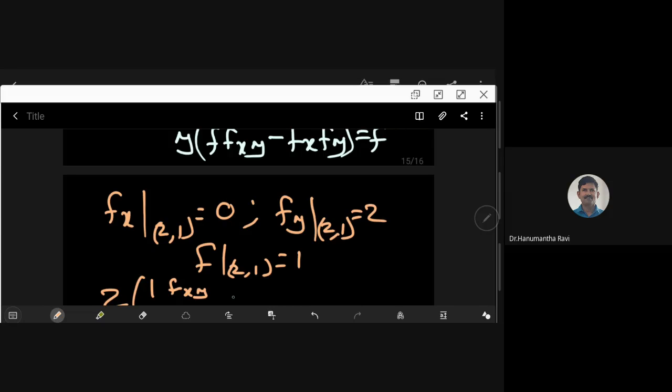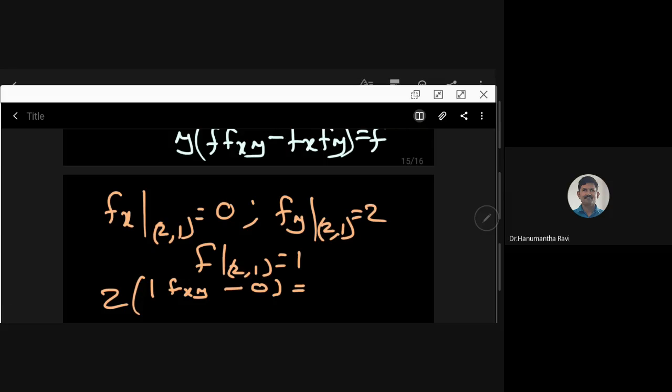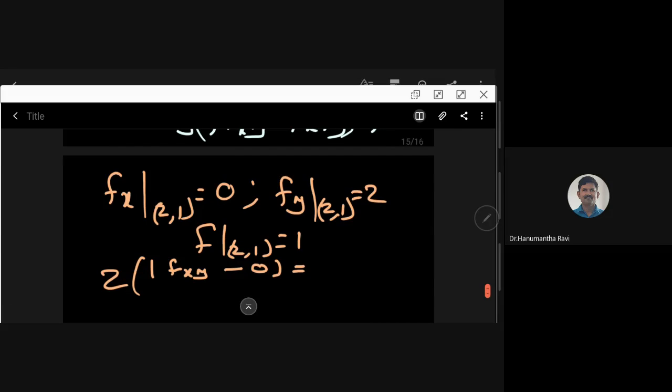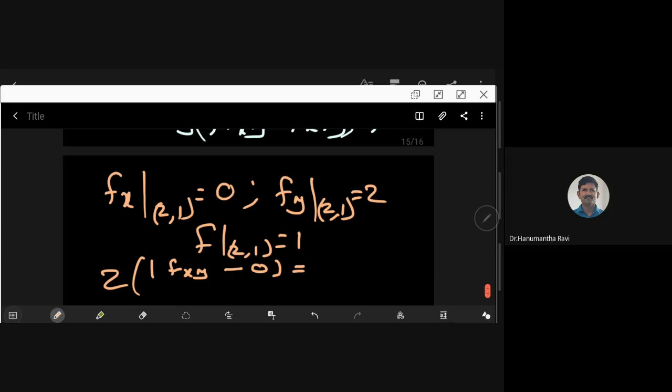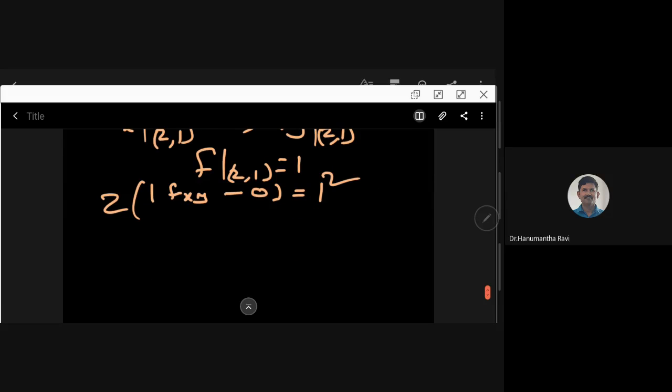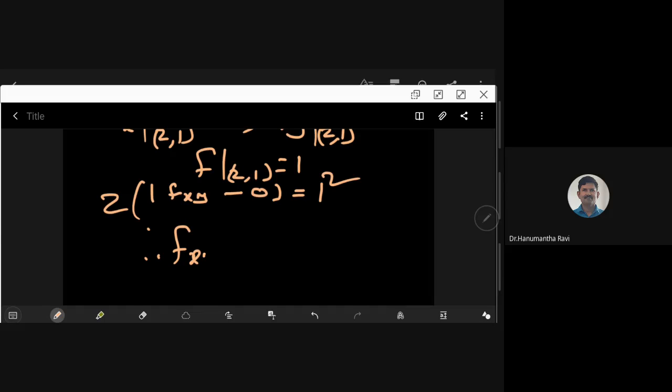Minus f_x into f_y, which is 0. Is equal to f square, and f is 1, so it is 1 square. Therefore f_xy at (2, 1) is 1 square by 2, that is 1 by 2.